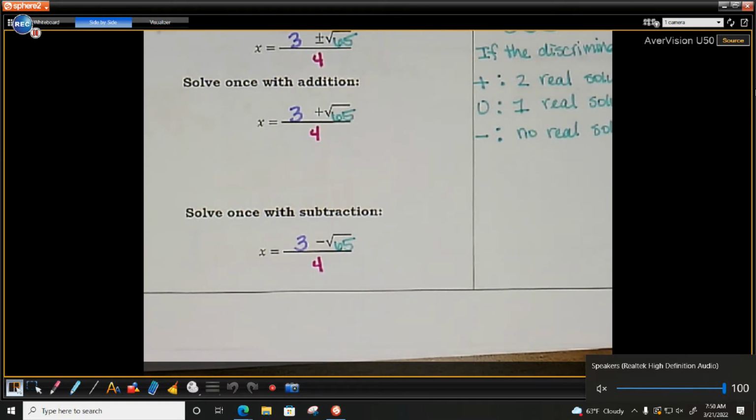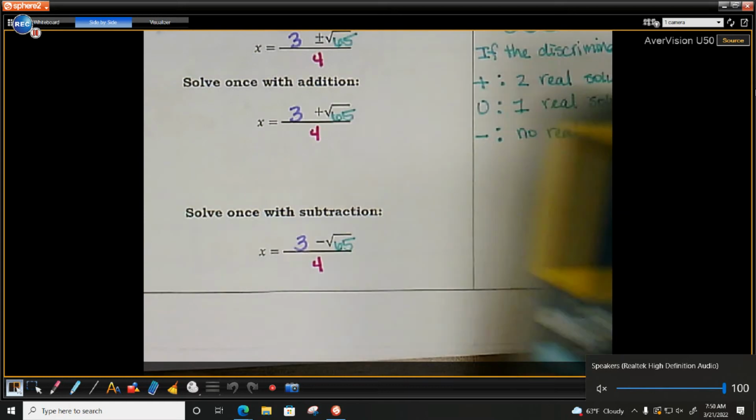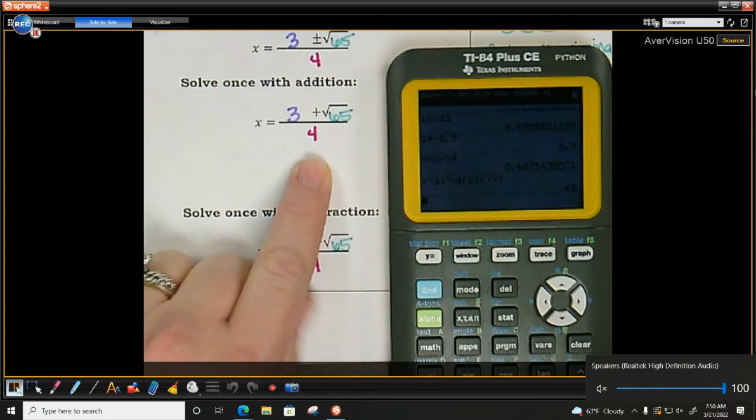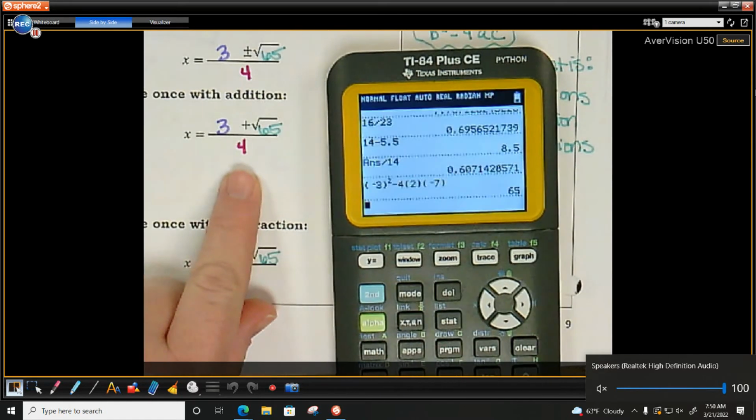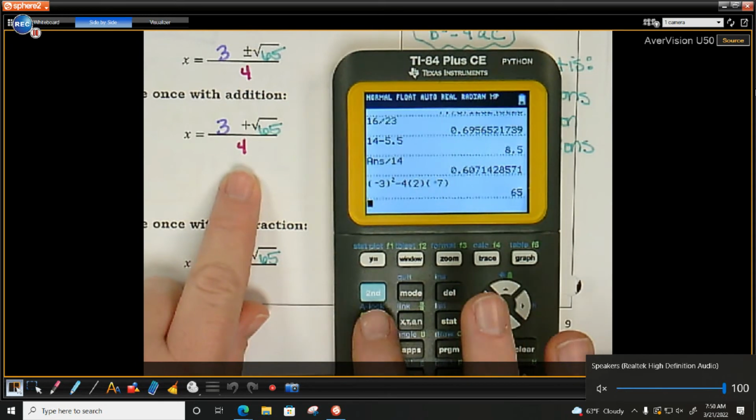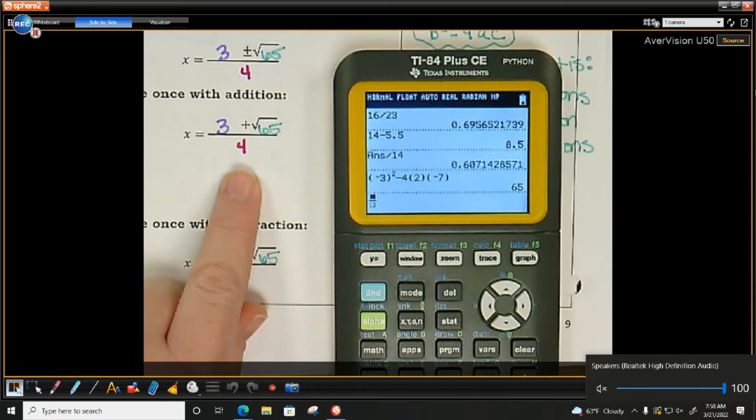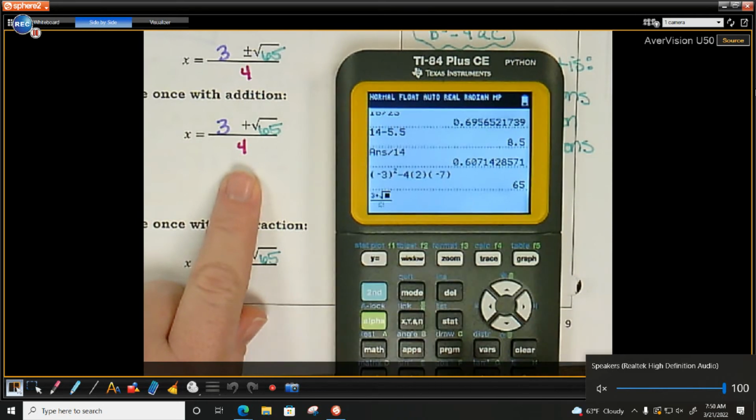Okay, now let's go to our calculator. We can type this in and get a decimal. Do your fraction bar, alpha y equals enter. 3 plus the square root of 65 over 4.